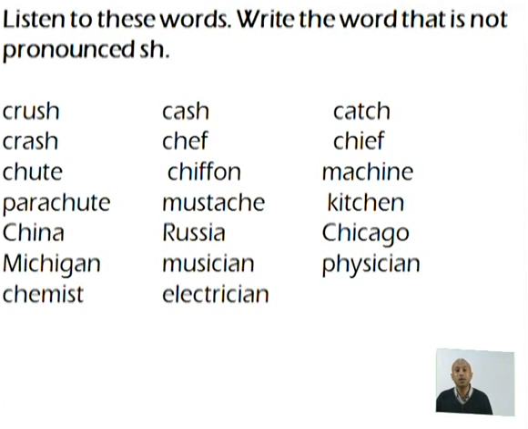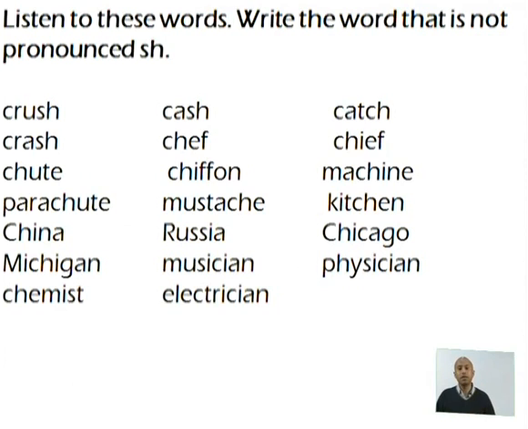Chemist has a k, does not have the sh. So chemist as well. China and chemist do not have the sh in the first column. Second column, cash, sh, chef, sh, chiffon, sh, moustache, sh, Russia, sh, magician, sh, electrician, sh. So in the second column we have all words with a sh sound.